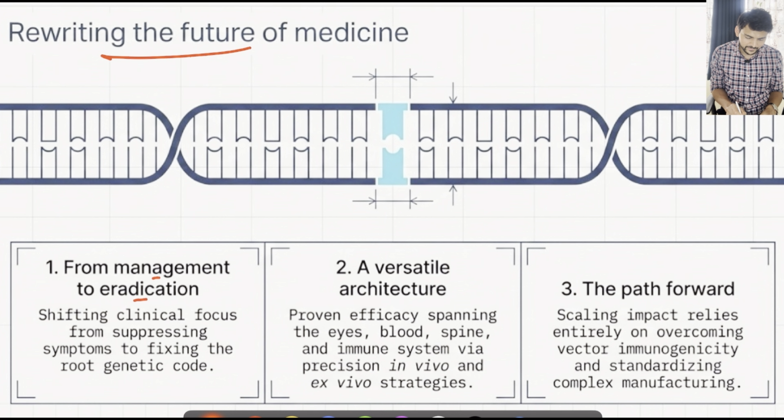So it has a vast impact on various systems of the body. If the manufacturing complexity is standardized and if we overcome vector immunogenicity, there might be very high chances that this mode of treatment will be a game changer in numerous disorders where we think there is no actual cure. So this was in brief regarding gene therapy.